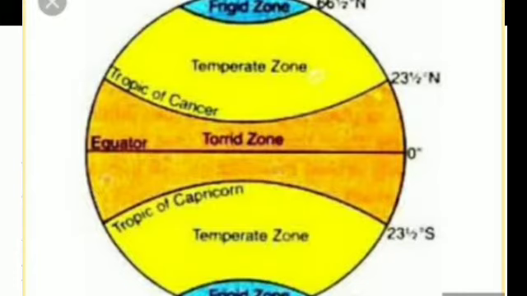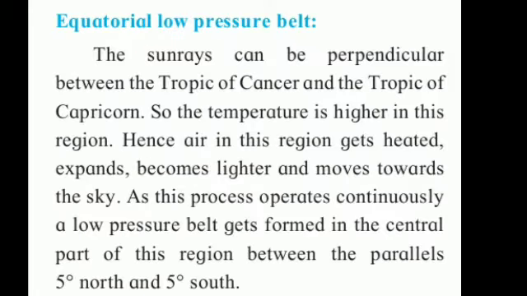Let's see the first one, that is the equatorial low pressure belt. Students, first I will read and then I will explain. The sun rays can be perpendicular. Students, underline this word perpendicular and write down the meaning over there: at an angle of 90 degrees, between the Tropic of Cancer and Tropic of Capricorn.